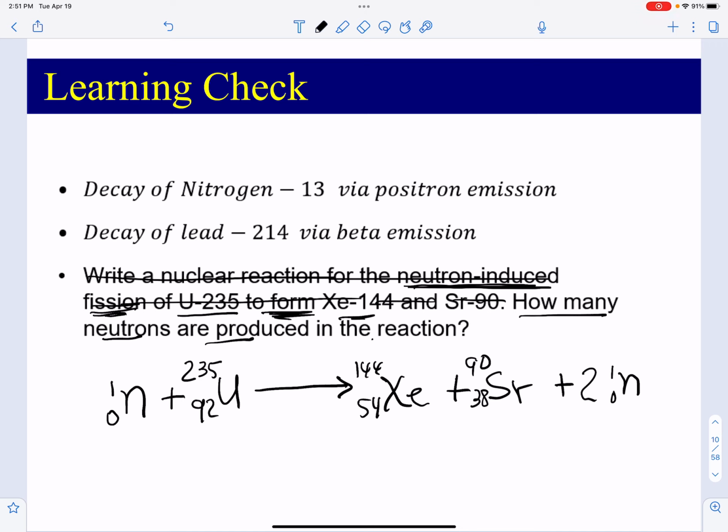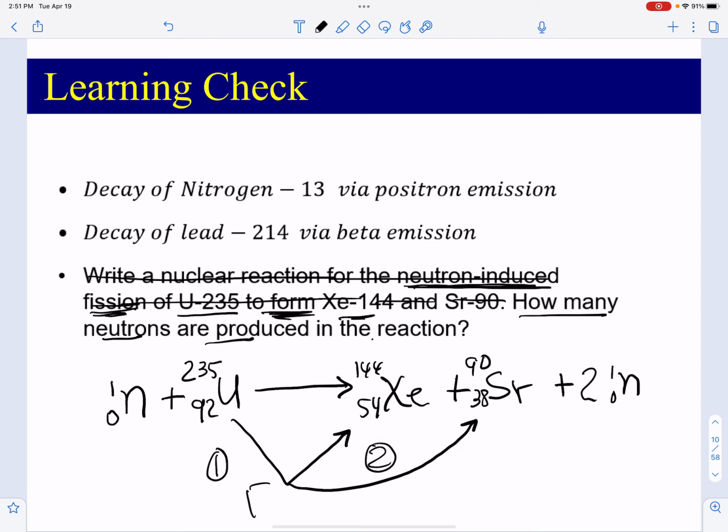On the right side, the atomic number altogether is 92. On the left side, the mass number, the number on top, is 236. On the right side is also 236. So this shows us an element splitting. So one element is splitting into 2. So that's what we're going to call fission because it's being split.